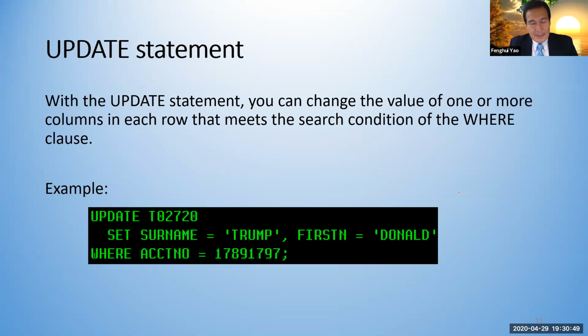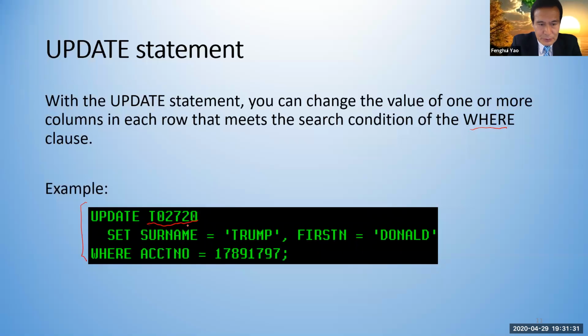And now let's look at the update statement. With the update statement, we can change the value of one or more columns in each row that meets the search condition of where. That means for each record, we can update column data. Column means field. In this example, that's the table.